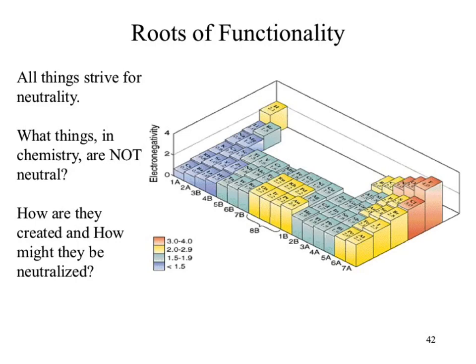All of our nonmetals are greater than 2. Which means all of the nonmetals in a bond between a metal and a nonmetal are going to do what? Take the electrons, which then means the metal becomes positive, the nonmetal becomes negative. It's electronegativity. It's what dictates what happens here.